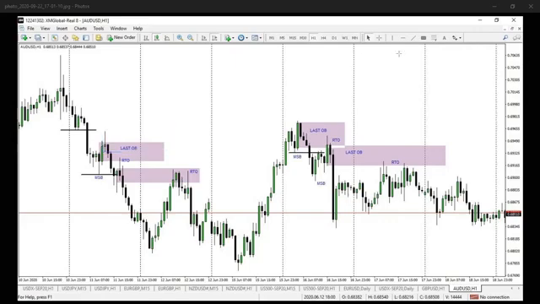How do you call this order block? I'll teach you in the next lesson. Right now we are just on the order blocks only. The next lesson is advanced order blocks. So you need to know this one first before we go to the advanced order blocks.